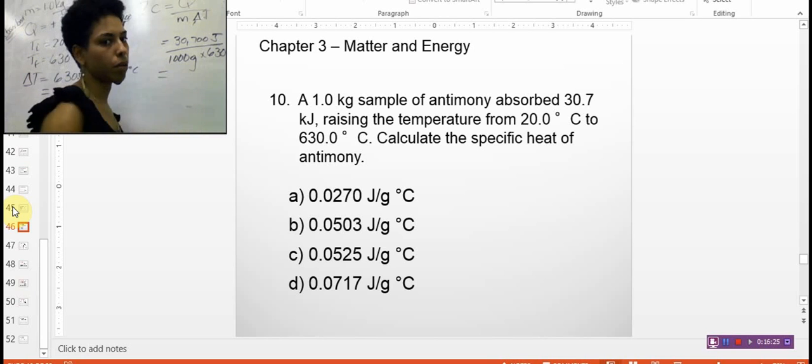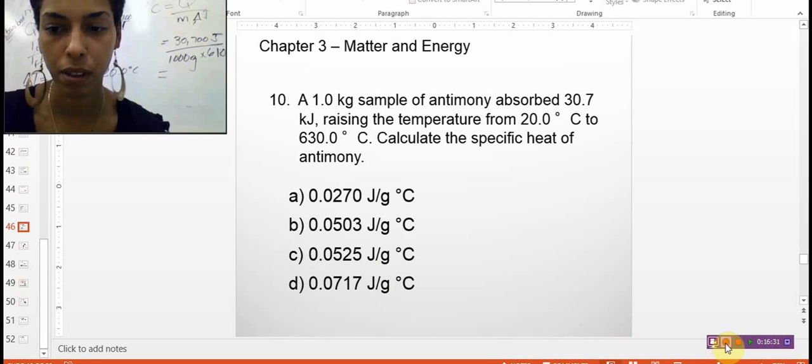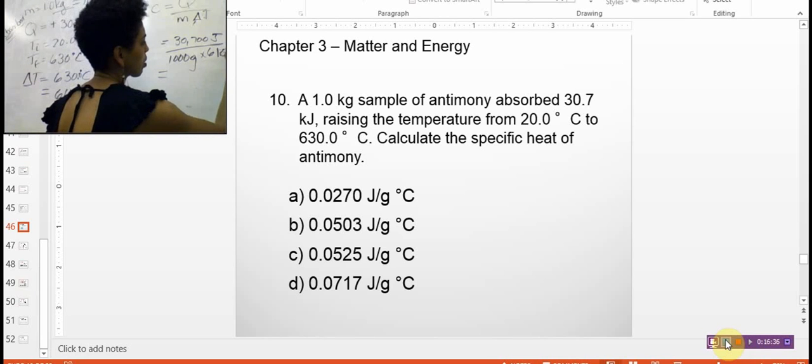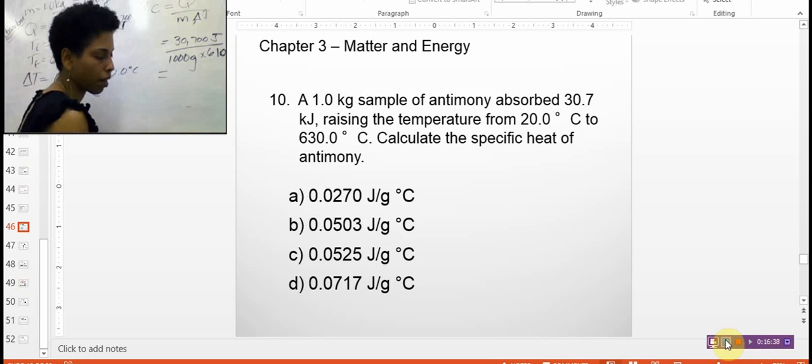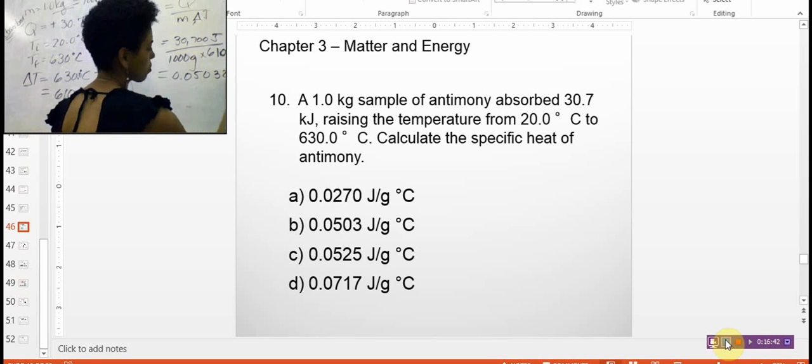So let's take a look at what our specific heat of antimony is. All right, let's fix this. This is 610, not 630.0, and we end up with 0.050327, and so on.